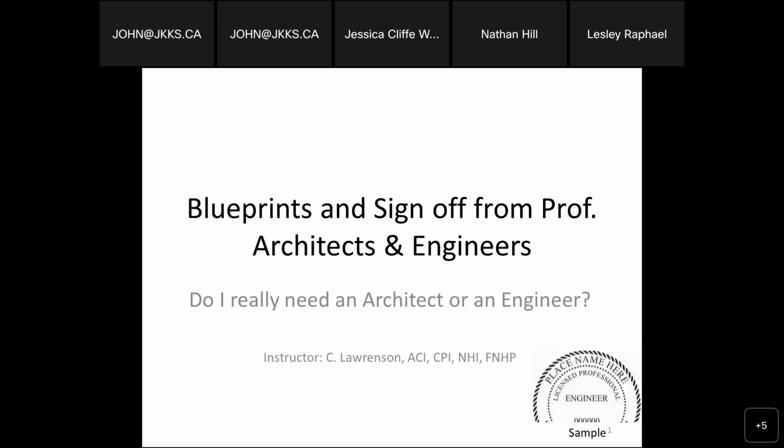Most often, it is primarily used to certify documents that are complete and ready for construction contracts. Also for permit applications, and at times post-construction certification. In other words, completion or substantial completion. But let's take a look at the various details and information regarding sign-off and drawings stamped by architects and engineers.